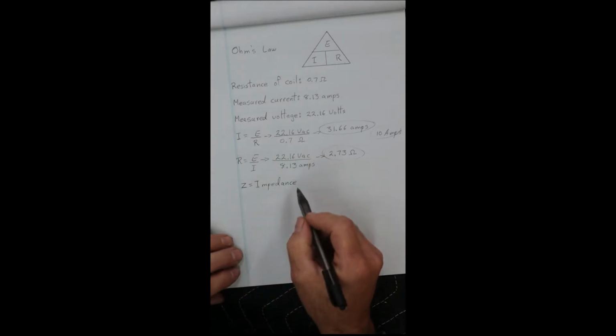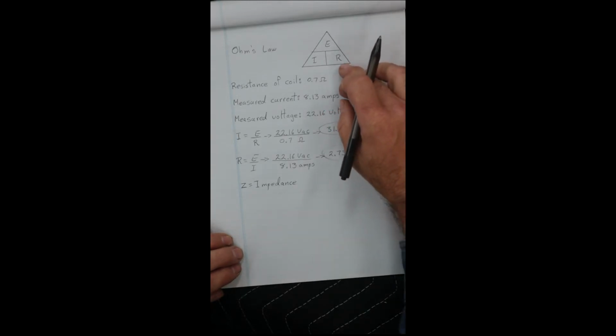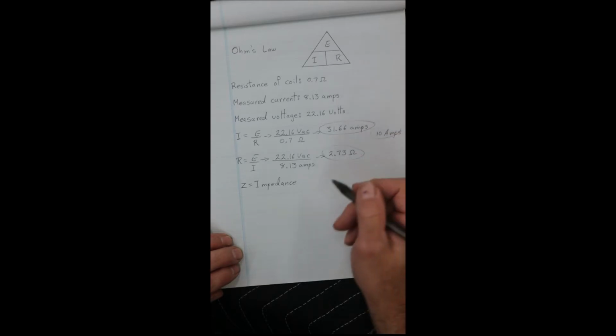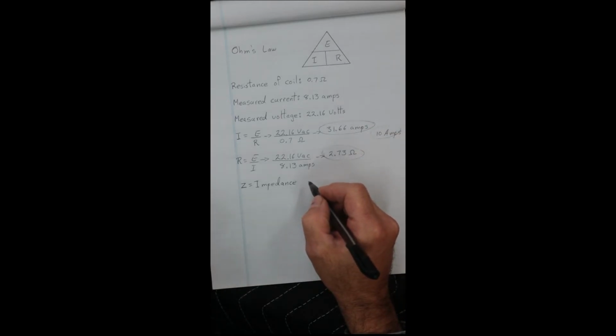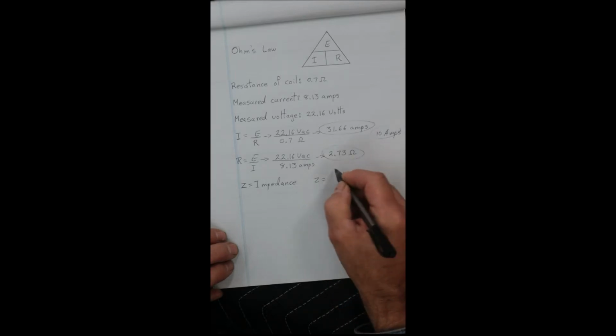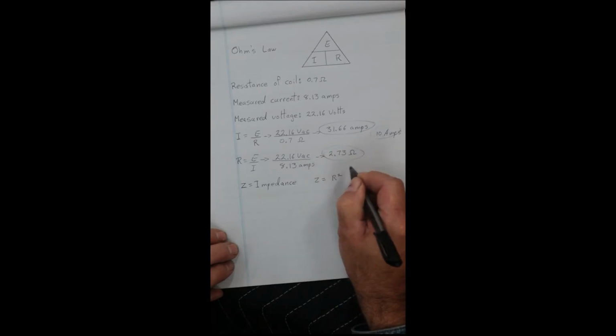Now, impedance is not calculated based on Ohm's law so much as impedance is derived from the following formula. Z is equal to the square root of R squared plus X sub L squared.